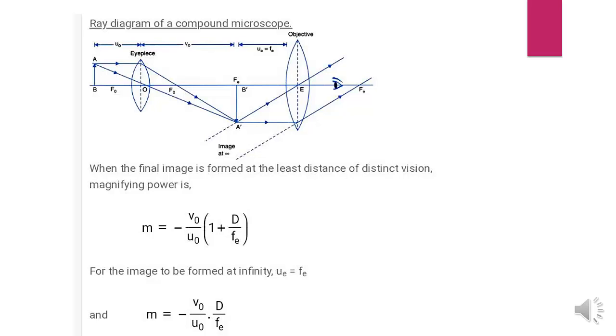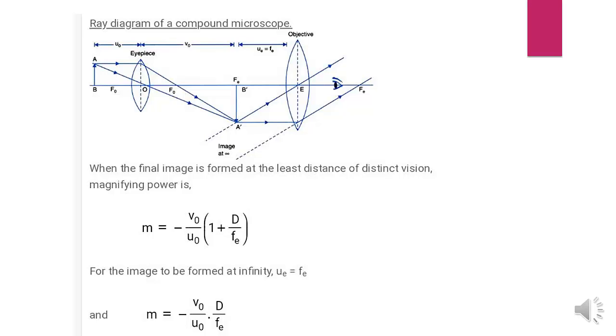We are getting an image. The position will be adjusted in such a manner that we get the image at the principal focus of the objective lens. Clear? So when we add this VO and this FO, we get the length of the microscope tube.